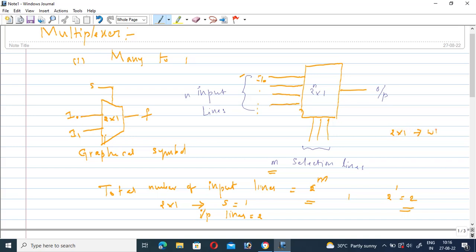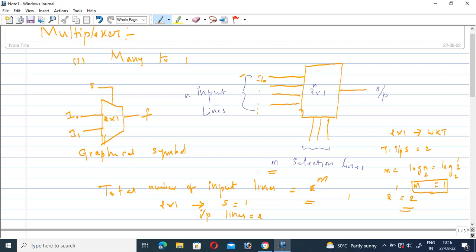We know the total number of inputs is equal to 2. The selection lines m is equal to log n base 2, where n is the number of input lines. For a 2 by 1 mux, n is 2, which is 2 power 1. Therefore the total number of selection lines in a 2 by 1 mux is equal to 1.